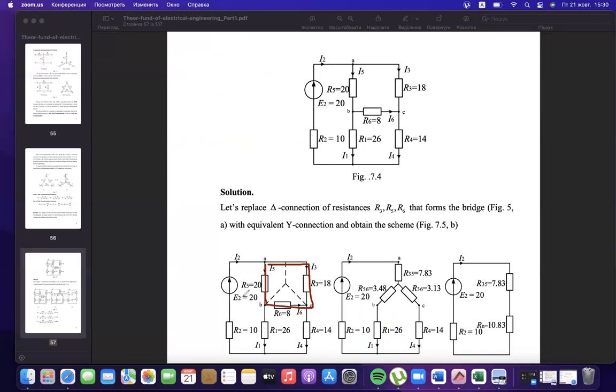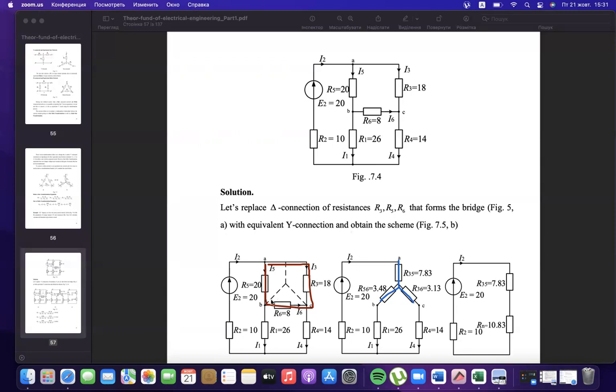And we also have an electromotive force of 20 volts. Then instead of resistances 20, 18, and 8, we should substitute a star with values of 7.8, 3.1, and 3.5 ohms. And the currents will be the same.